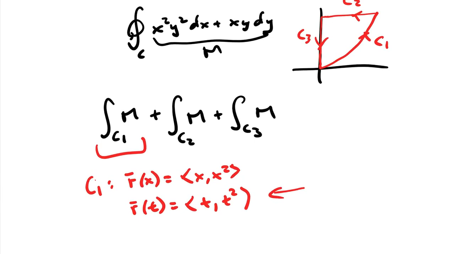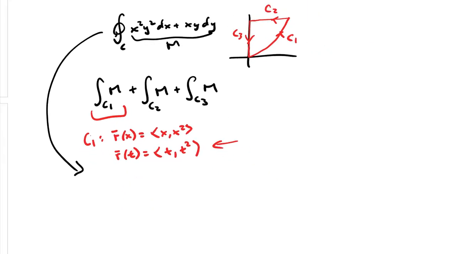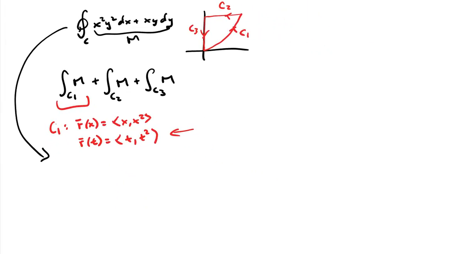So whenever I compute this line integral, I'm going to use my new parameterization for C1. So the integral over C1 will be from 0 to 1. Remember, this is going from 0, 0 to 1, 1. You can check that parameterization if you want. x squared is t squared. y squared is t squared squared, which is t to the fourth.